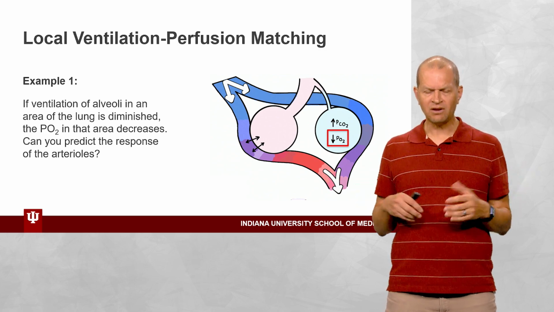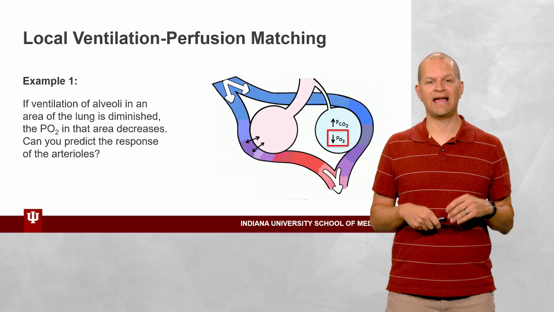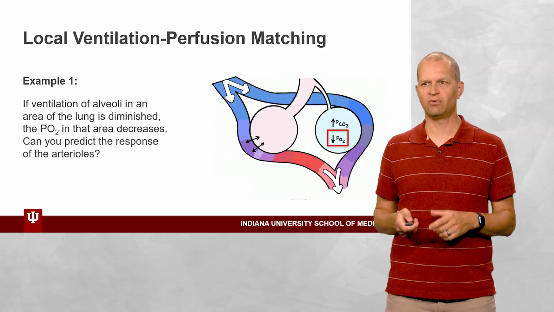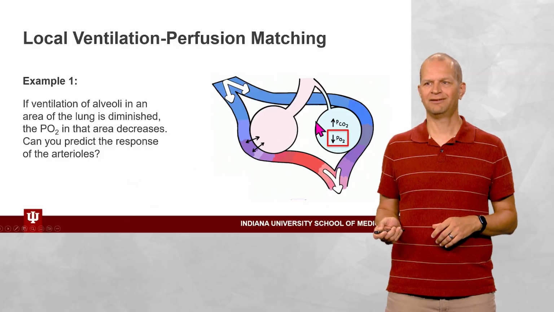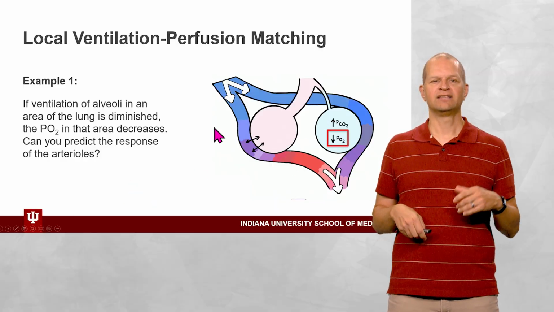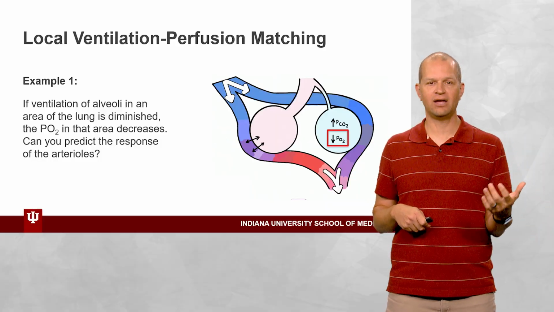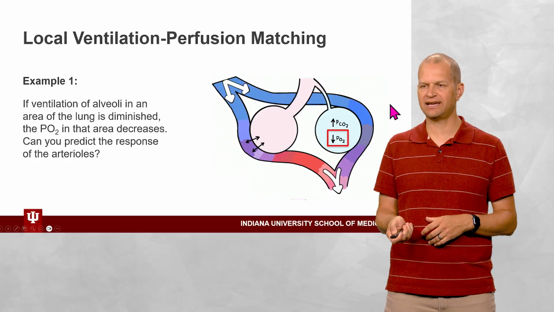So, first example. Let's say that we have an alveoli that has a low amount of ventilation, and we can see that with this alveoli over here on the right. The oxygen in that alveoli is relatively low. What do you think is going to happen to this arteriole here?